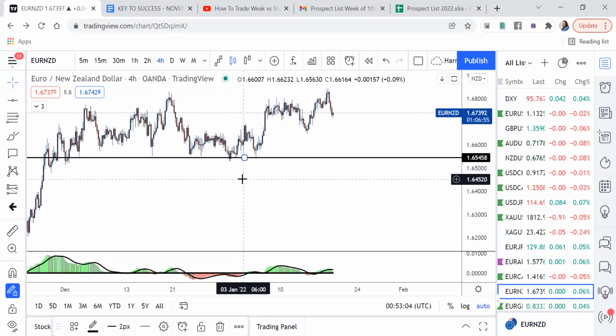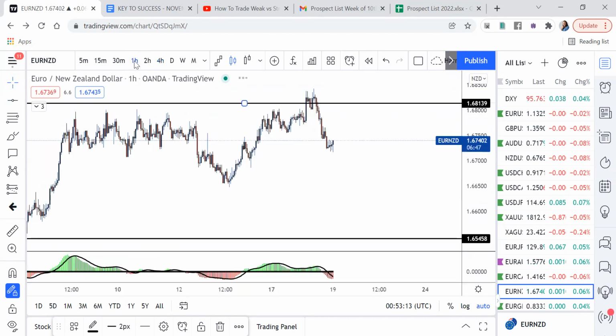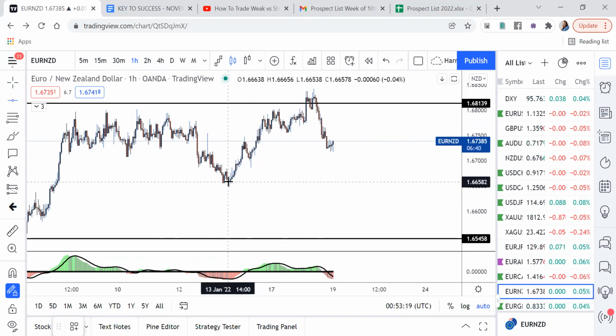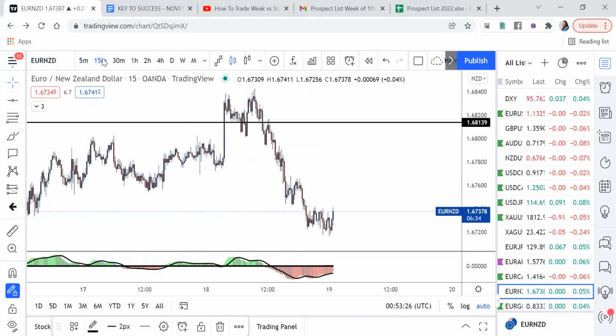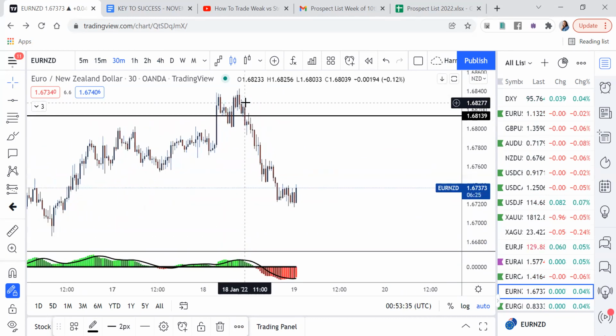This 4-hour structure, and then we have a 4-hour high here. Just come down to 1 hour. Let's see what we have here. We got 1 hour low here. So it's just planning for this sell setup now. Let's see if we can find an imbalance candle. Not directly, to be honest.